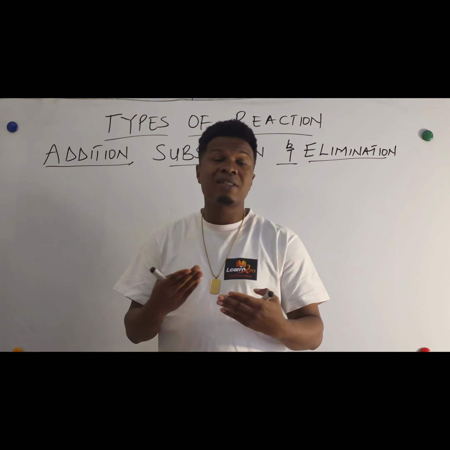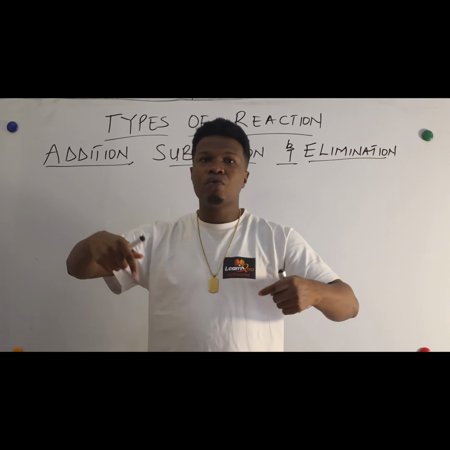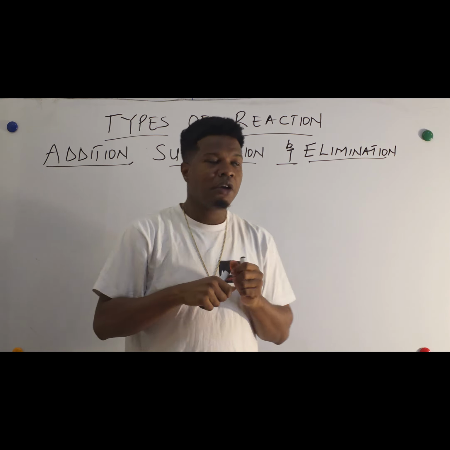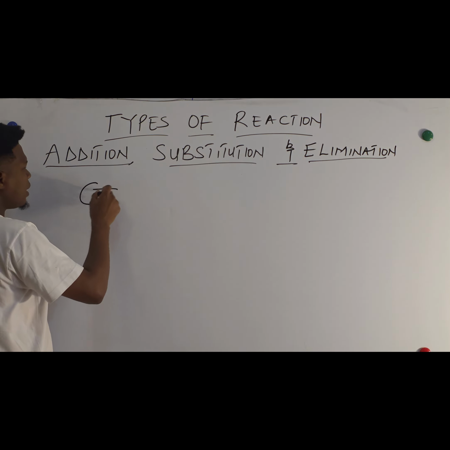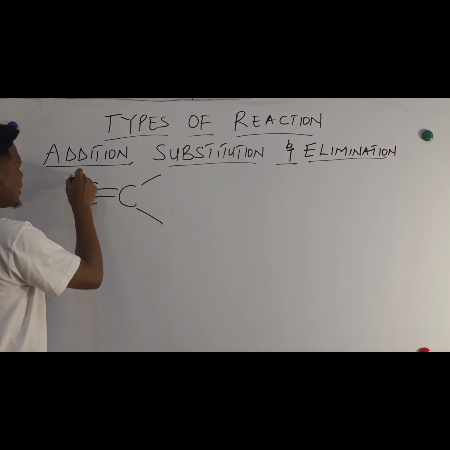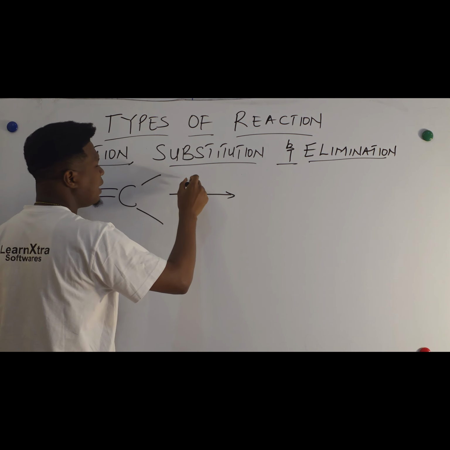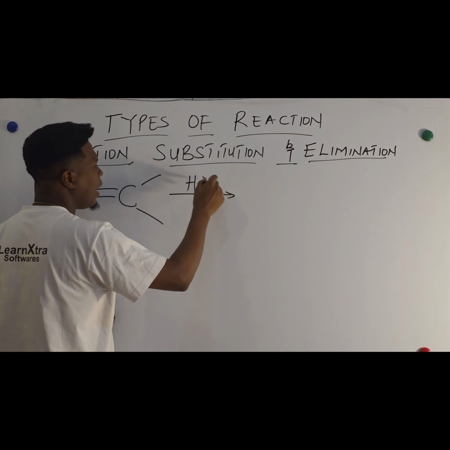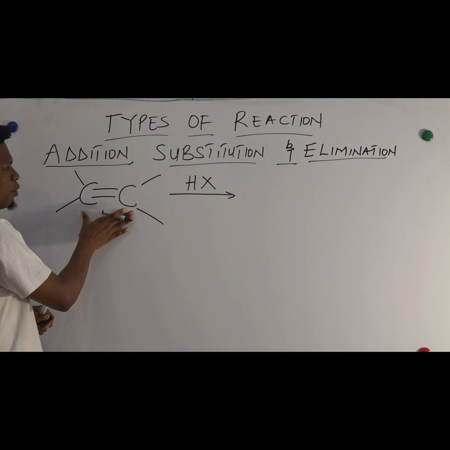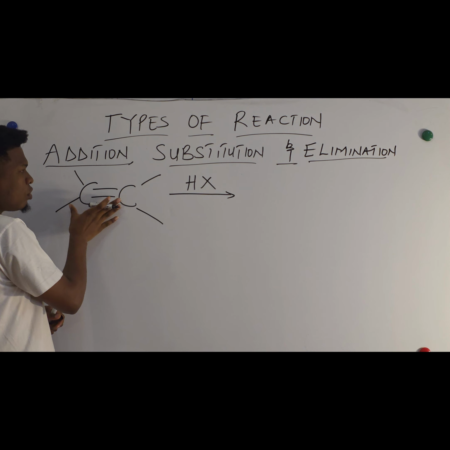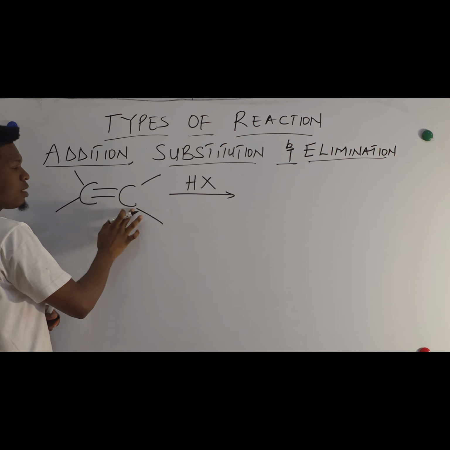So this addition reaction simply means you are adding two atoms to the point of what? Unsaturation. For example, if I have an alkene, let's say something like this, and you are undergoing an addition reaction. Let's say we are adding HX, or we are adding any molecule at all into this, okay? So this simply means that for the fact this compound is unsaturated with a double bond, I will add these two molecules to these two points of unsaturation, okay?